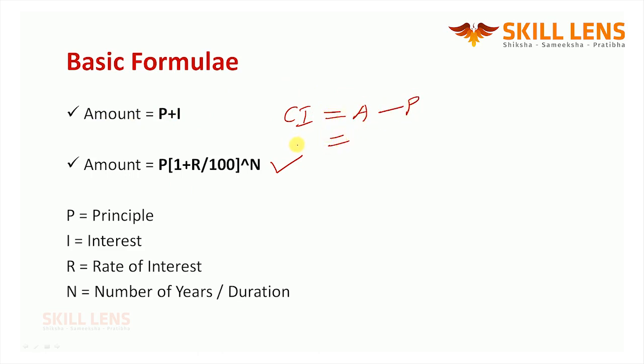The amount formula is P into (1 plus R by 100) whole power n. Minus principal, so this is the formula to calculate compound interest. But trust me, we never use the compound interest formula, because once you calculate your amount, if you subtract the principal, you will get your compound interest. So let's get started by understanding one conceptual example.